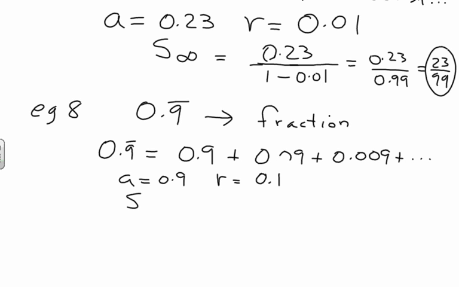So our S infinity formula would be 0.9 over 1 minus 0.1, 0.9 over 0.9, 1. So we just have a nice little mathematical proof that 0.9 repeated is actually the same as 1.